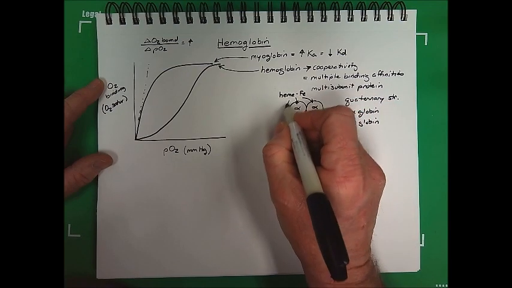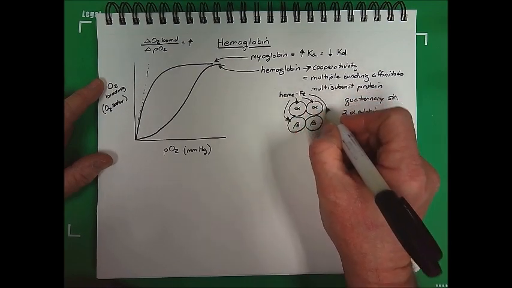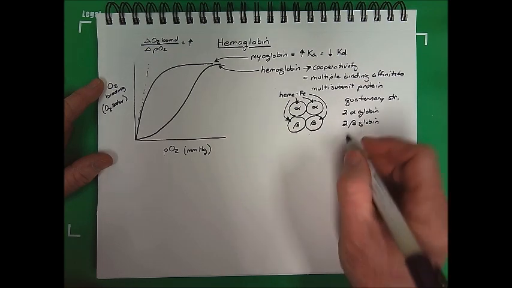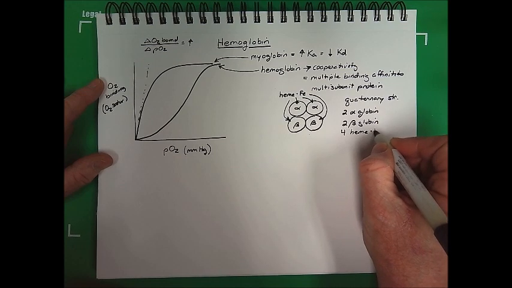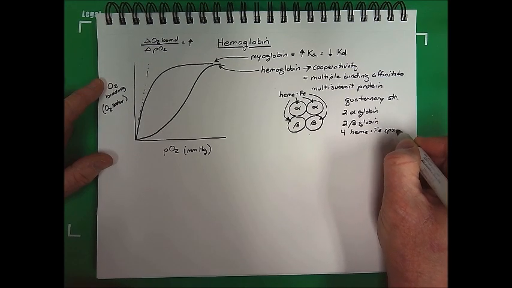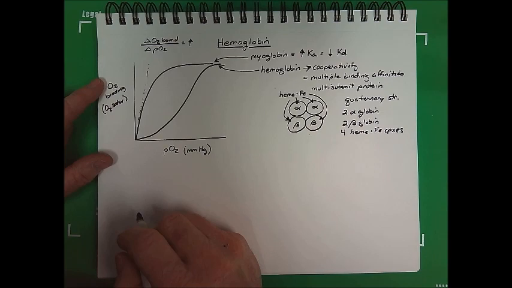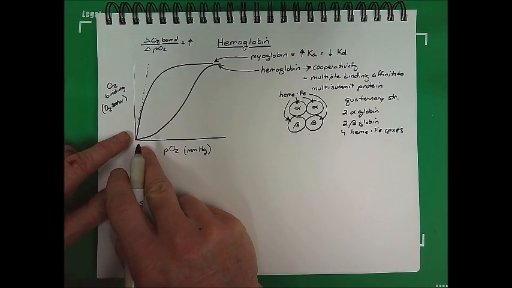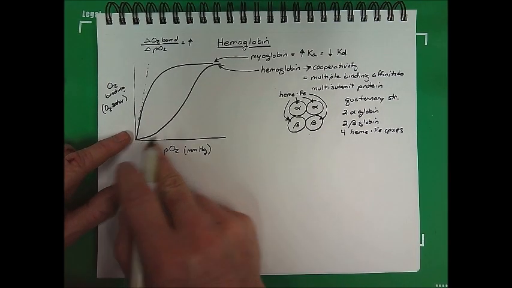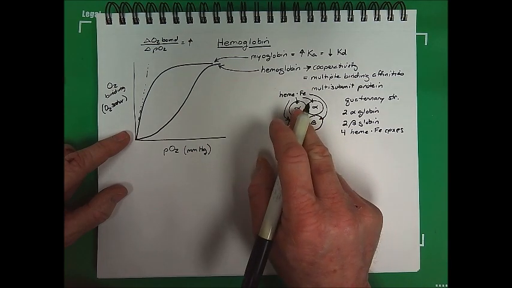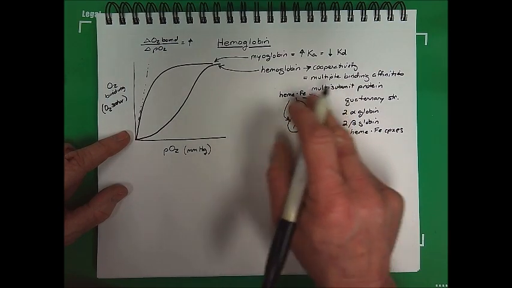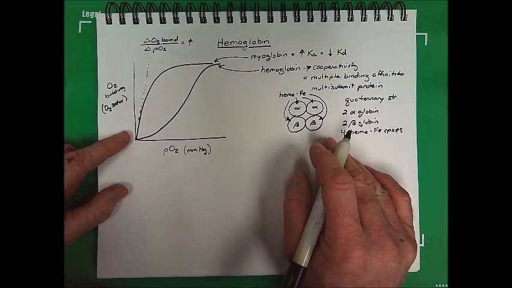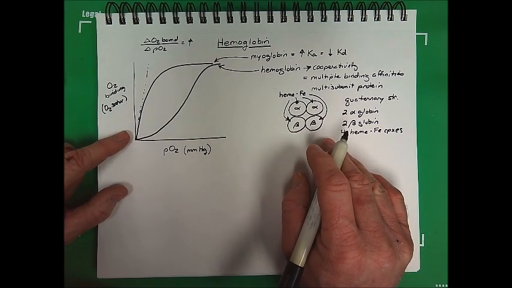So there is 1 heme unit per subunit, for a total of 4 heme iron complexes. Now, what this means in terms of binding is cooperativity in the sense that one subunit will bind oxygen, and then that will induce a change in the quaternary structure so that the next subunit that binds oxygen binds it with higher affinity.